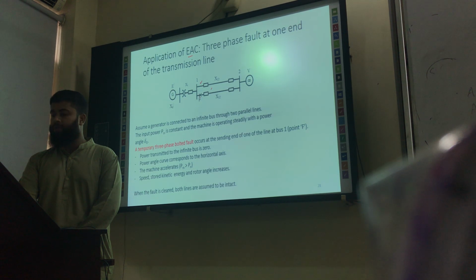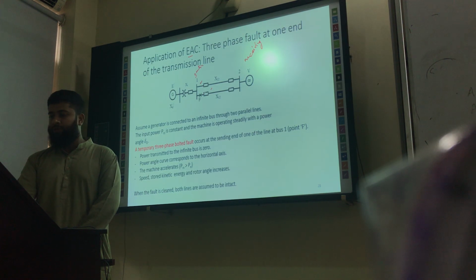This is occurring at one end. Let's say this is the sending end, and this is the receiving end. Why is this the sending end? Because this is the generation end, right? From the generation side, we send the power, and this is the receiving end, meaning here we have the load or the customers. So this is the receiving end.